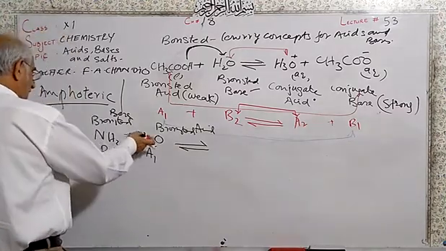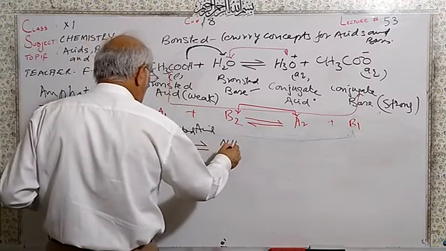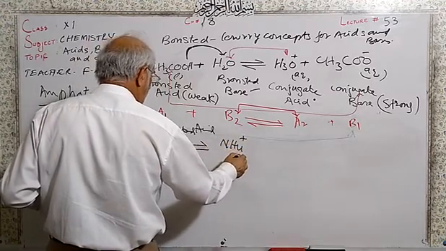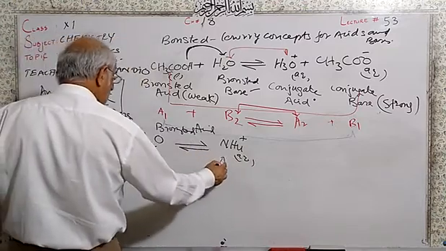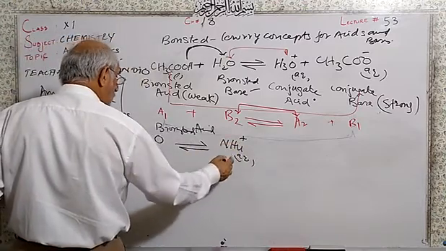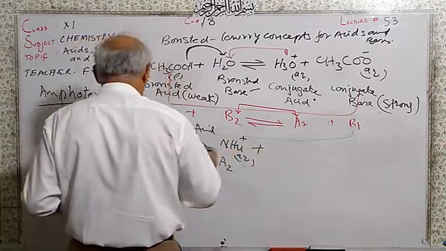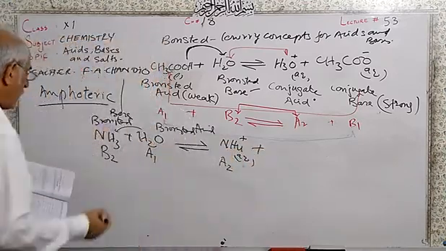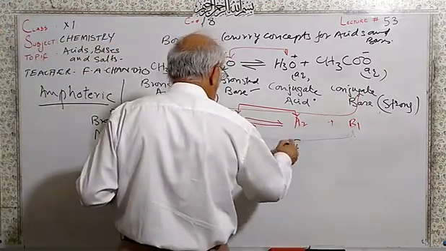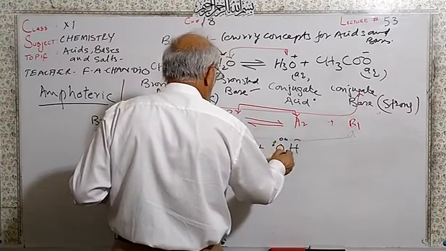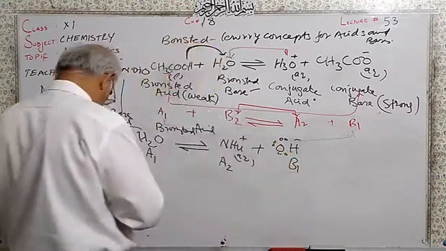Then it donates a proton to make the ammonium ion. This is the ammonium ion, the conjugate acid A2, plus this hydrogen is gone from the water to make OH-, and this is called B1.